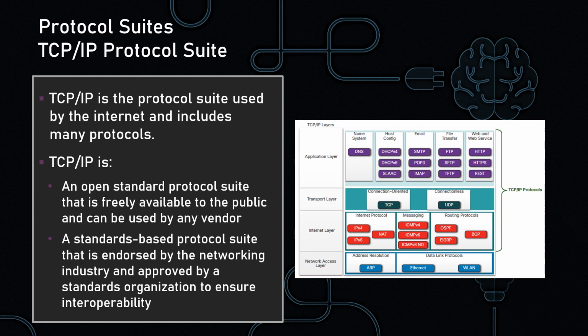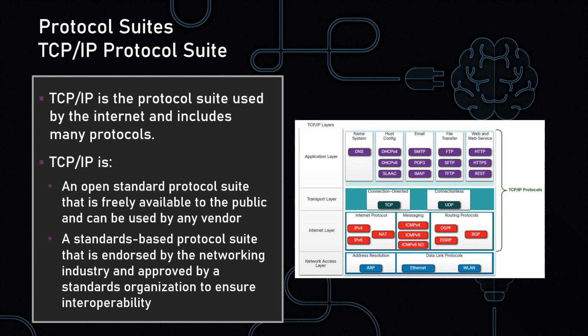So if we take that previous slide and we go to TCP/IP, we can take those 4 layers of the TCP/IP model and break it down into a much larger selection of components. We see here that we've got in the application layer the name system, host configuration, email, file transfer, web and web services. We move down to transport and we can see connection oriented versus connectionless.